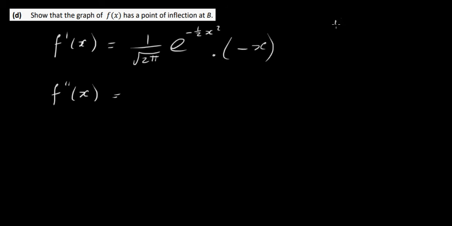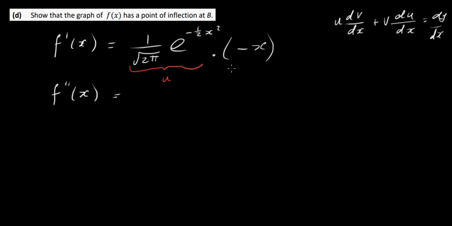The product rule is u dv dx plus v du dx, and that's our dy dx. I'm going to take this part here as u, and this part here as v, and write it out. So u is e to the power of minus a half x squared over square root 2 pi.